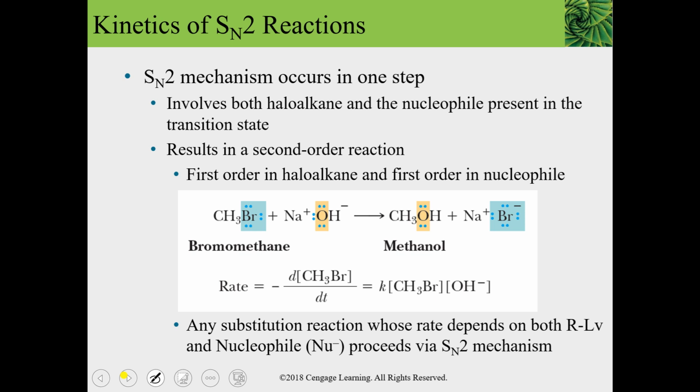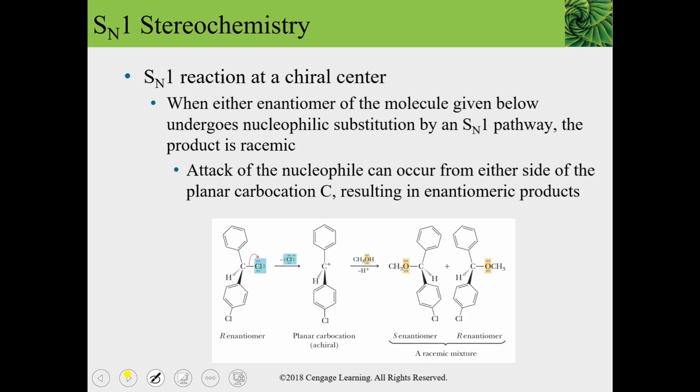Okay, so this right here is super important. Any substitution whose rate depends on both the leaving group and the nucleophile is an SN2 reaction. If the rate is determined only by the leaving group, then it's an SN1 reaction mechanism.